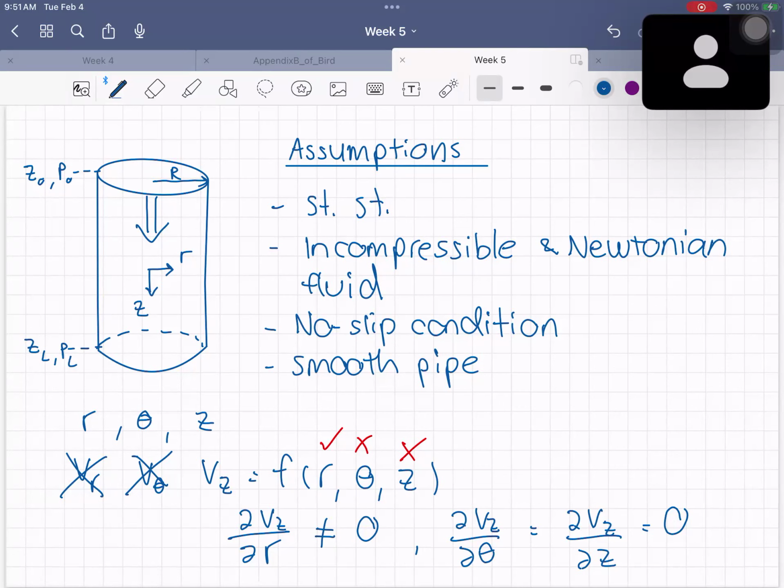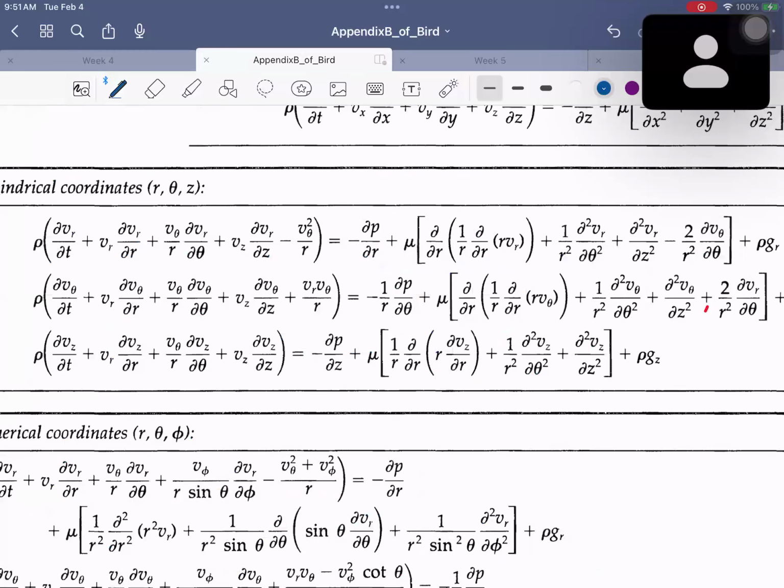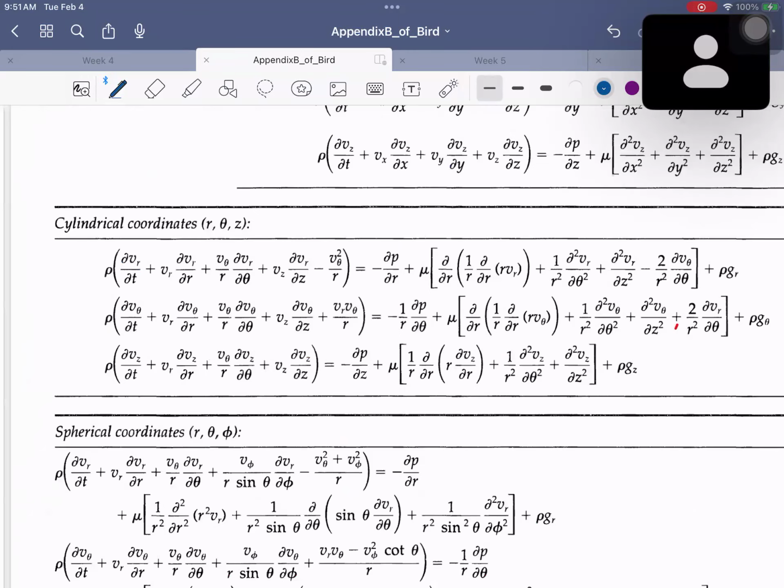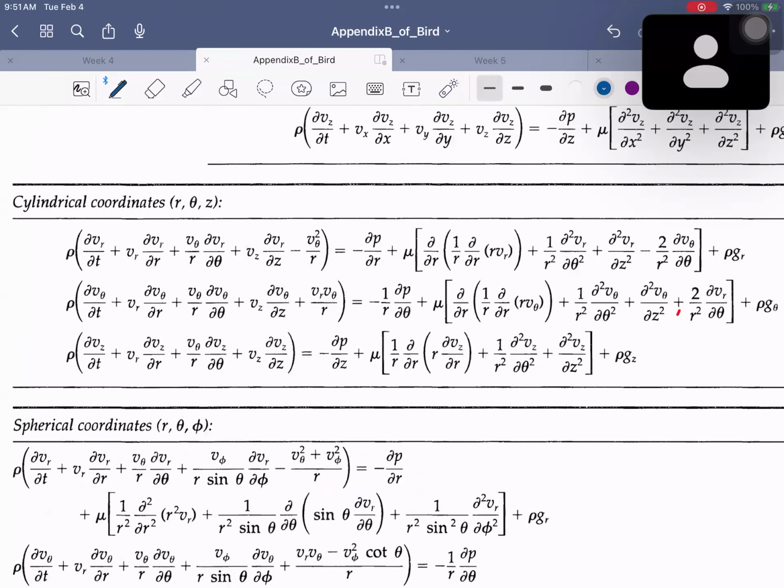Next step. Can you open the file, Appendix B, on your iPad or laptop? I would like you to work on these equations in cylindrical coordinates. Please consider all these terms. Which term can be taken as 0? Which one can be neglected?